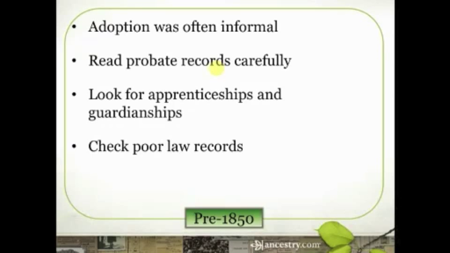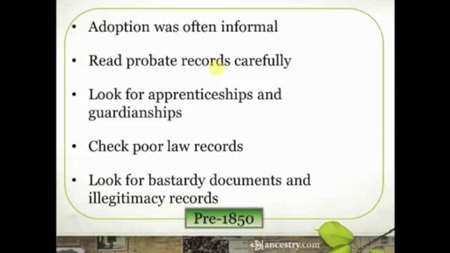And so a lot of information can be found just knowing about what time period you're looking for. Those poor law records mean that a family was not able to support their children. And whether it's a single parent or even two parents, if they couldn't support their children, then the community was supporting them. And that's handled differently in England than it is here in the United States. But then if those children had to be put into a poorhouse, again, you're going to have records for that.